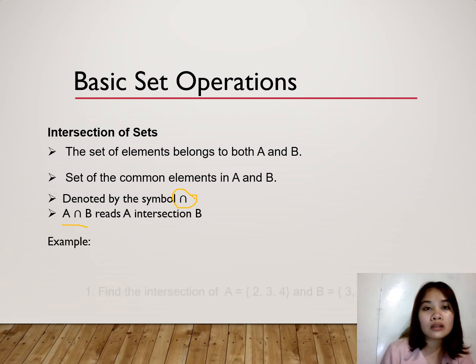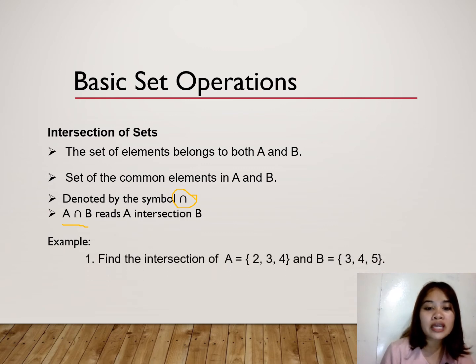So example, find the intersection of A. Set A has elements 2, 3, and 4, and set B has elements 3, 4, and 5. So, what is common to both sets? Is 2 in B? No. How about 3? Do we have it in B? Yes. So, we have 3.